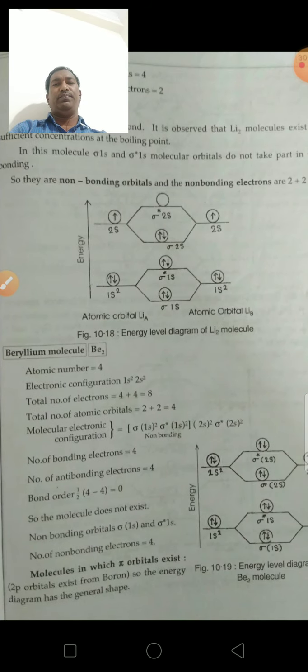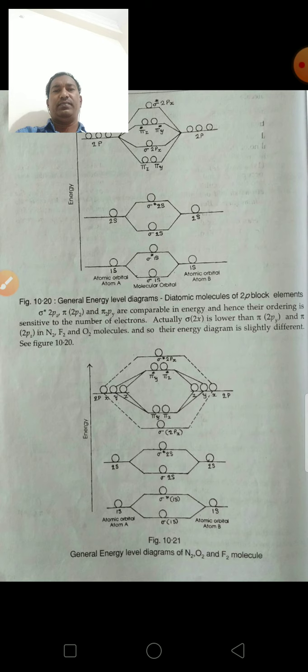So in hydrogen there are no p orbitals. Lithium also has no p orbital. In beryllium also there is no p orbital. So from boron we have the p orbitals. Boron atomic electronic configuration is 1s2, 2s2, 2p1.